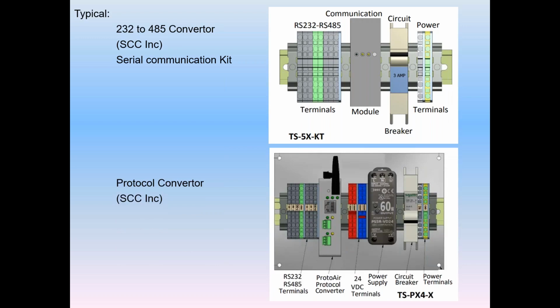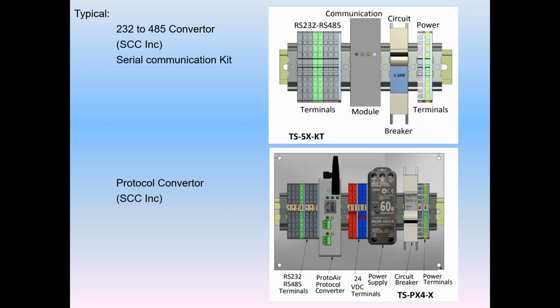Additionally, SCC can also sell you a protocol converter. Again, you bring in RS-232 if you're going directly locally, or 485 over a longer distance, to a ProtoNode, a ProtoAir, and that would basically convert it to the protocol that you want to use, which might be BACnet, it might be TCP/IP, could be several other conventions.